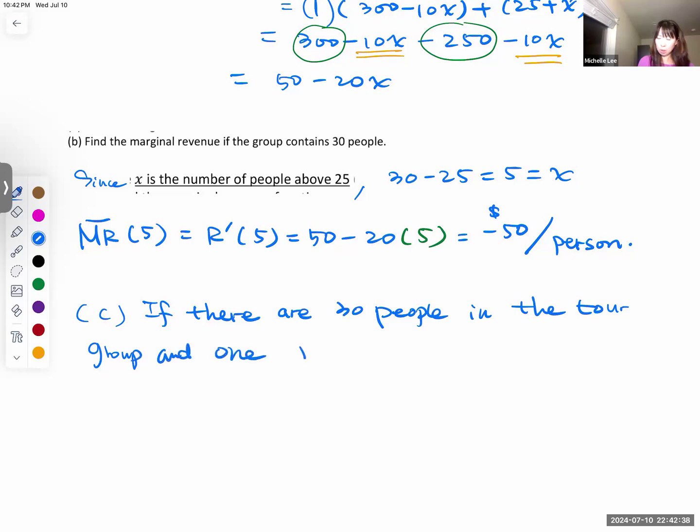And one more. Marginal revenue means that you need one additional one, right?